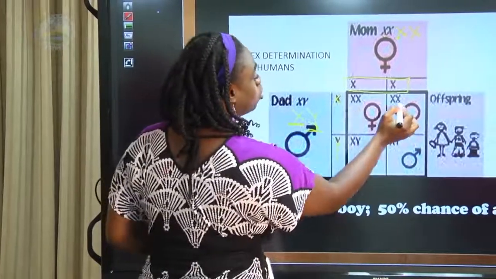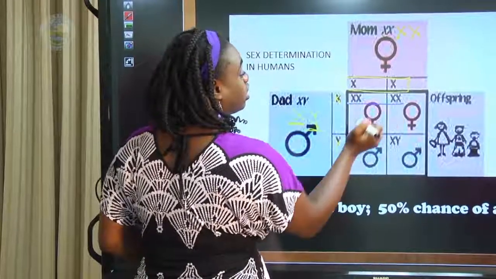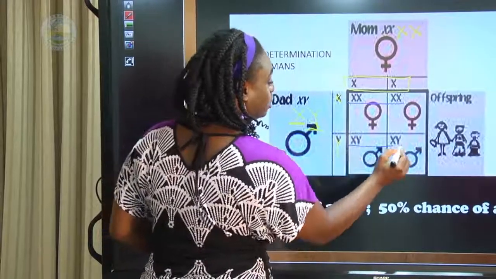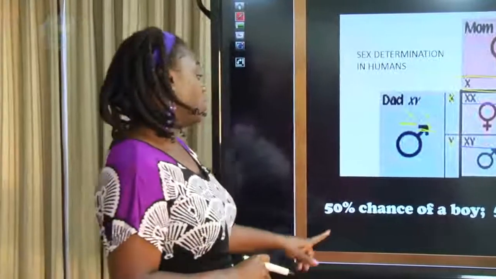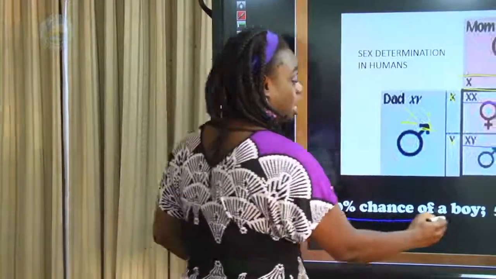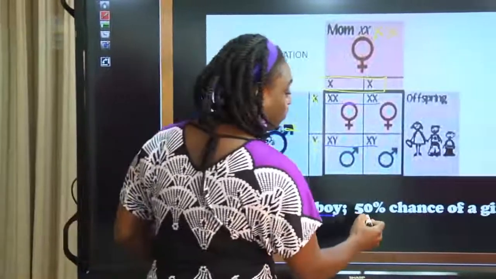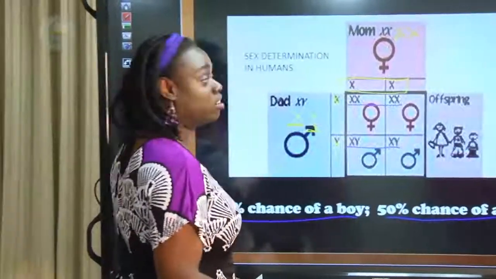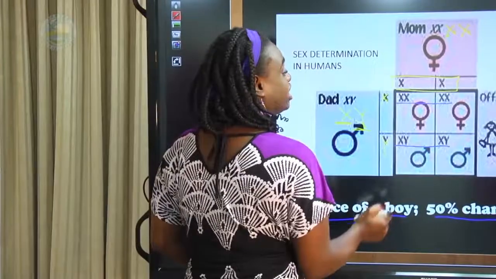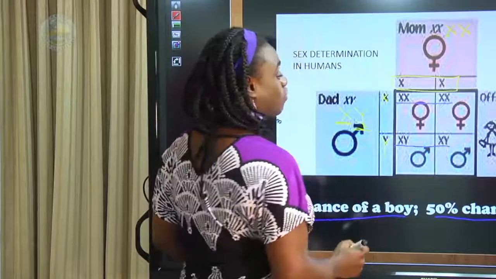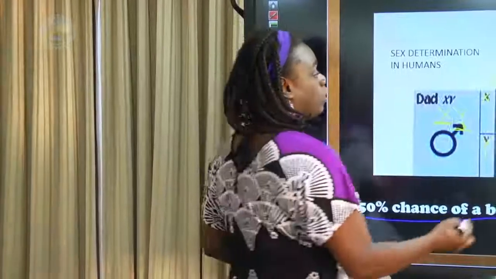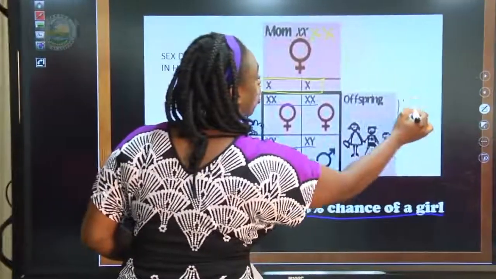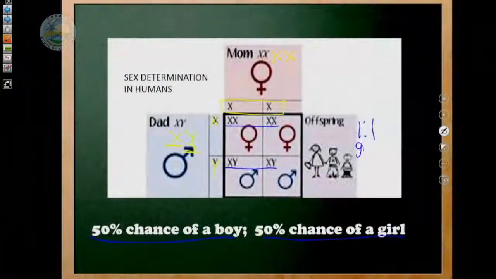So we have 2 sets of females and 2 sets of males. So every time a child is born, there's a 50% chance that the child could be a boy, and there's a 50% chance of the child being a girl, because we have 2 sets of girls and 2 sets of boys. So here we have a 1-to-1 ratio. 1 girl to one boy.